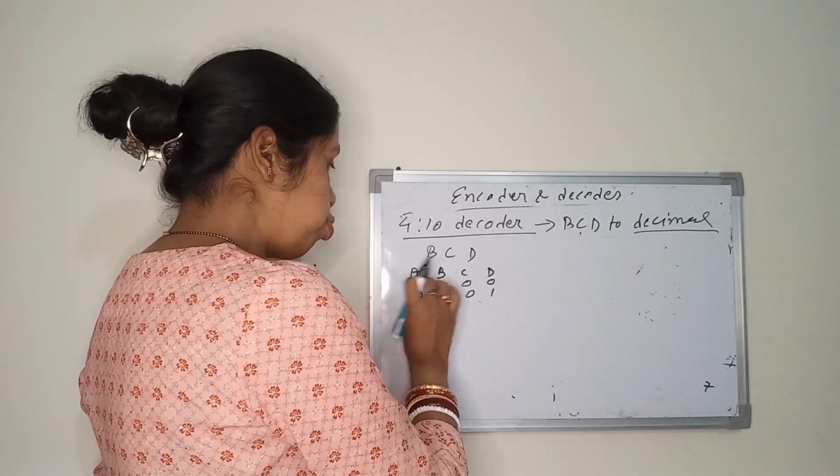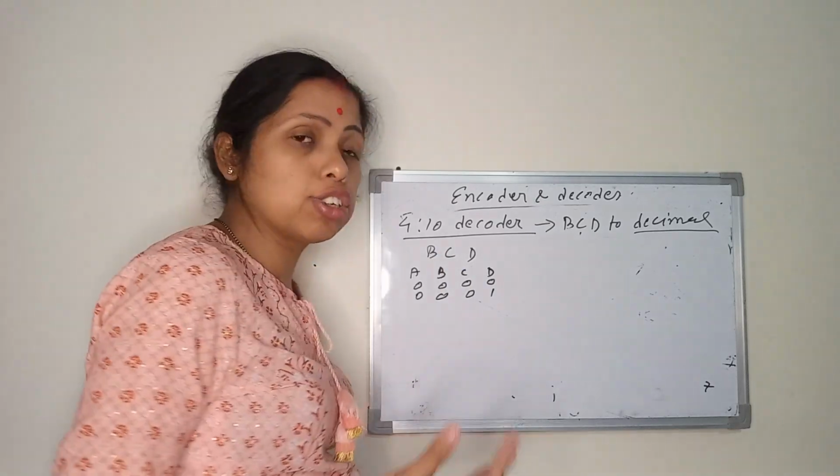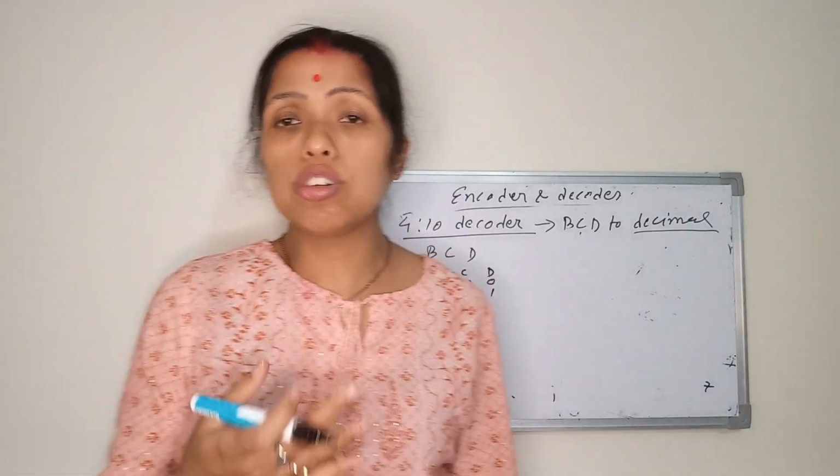With 4 bits, you can write a total of 16 combinations, but I will not write all 16 combinations.